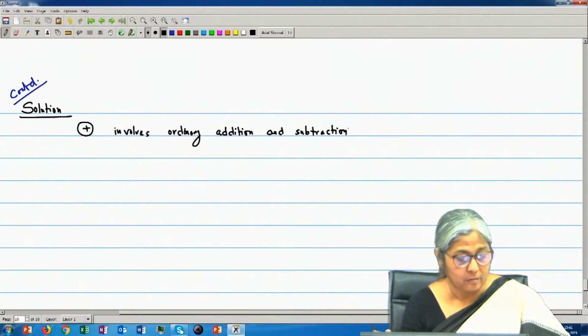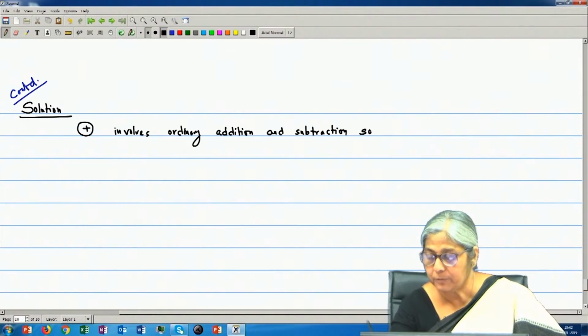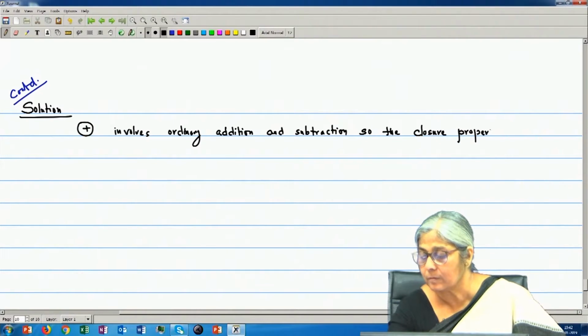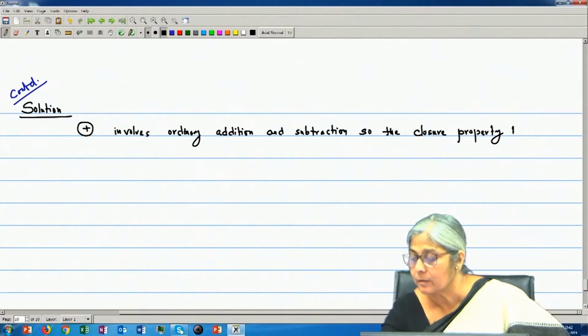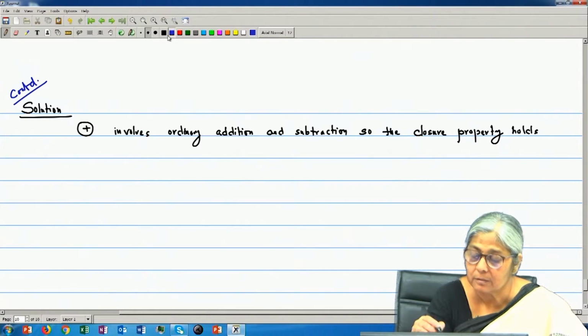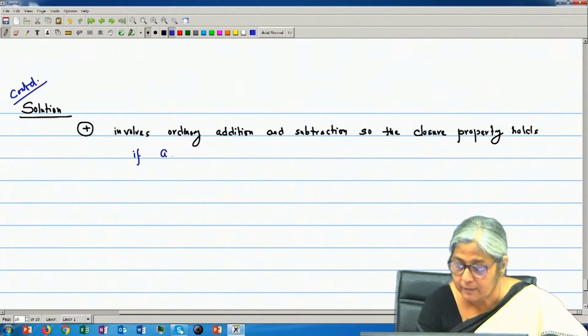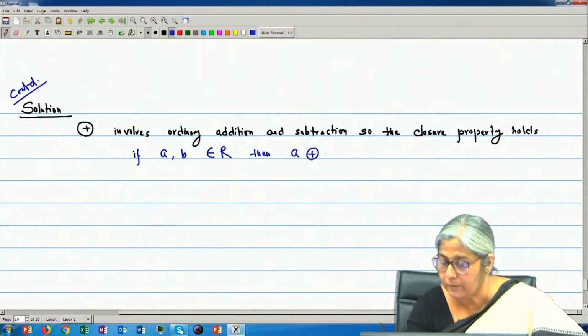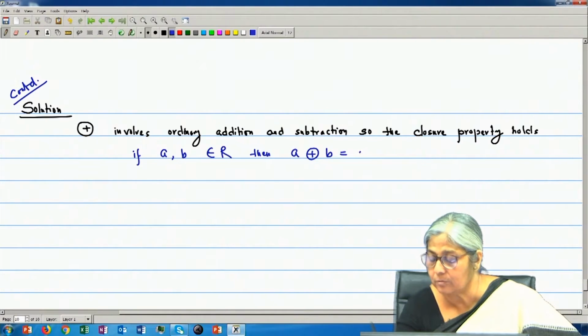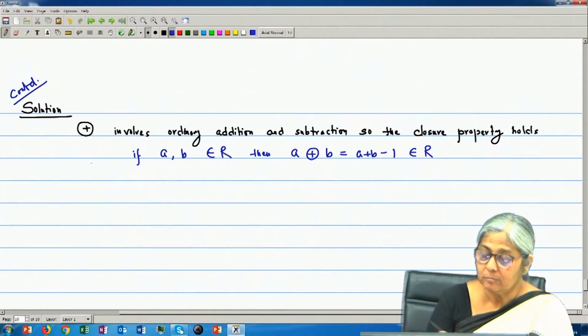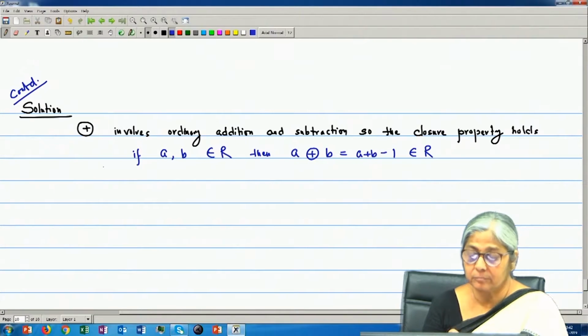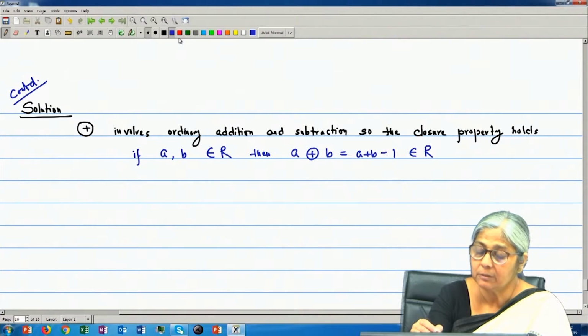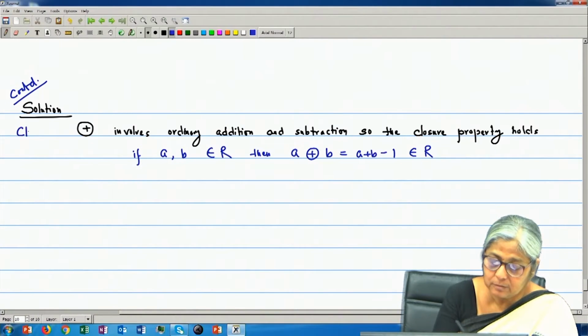So, the closure property holds, that is, if a, b belongs to R, then a ⊕ b = a + b − 1 belongs to R. I write this is closure.